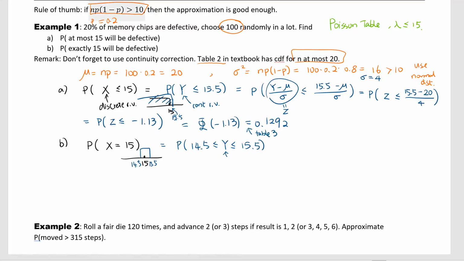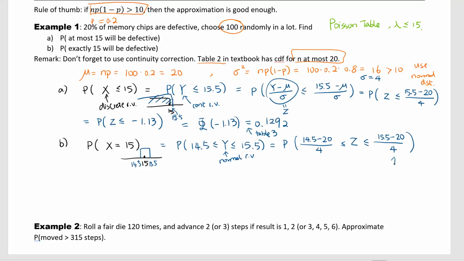Okay, so y is the normal random variable, which is continuous. In order to calculate it, we're going to change it to the standard normal distribution. So we subtract mu and divide by the standard deviation, which is 4. So that's z, right? And then this guy is 15.5 minus 20 over 4.